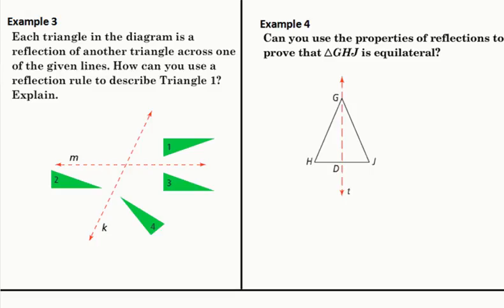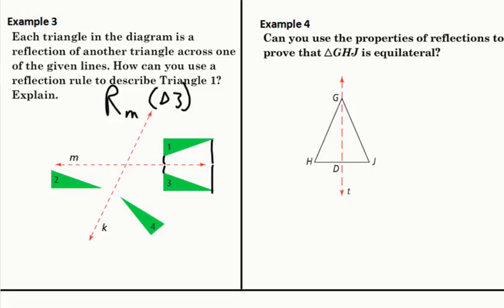So triangle 1 looks like it's reflected over the line M of triangle 3. So triangle 1, we're going to say reflection over line M of triangle 3. And that's my explanation, because if you look at it, they're all the same distance apart on those lines, and it maintains the same shape and size.